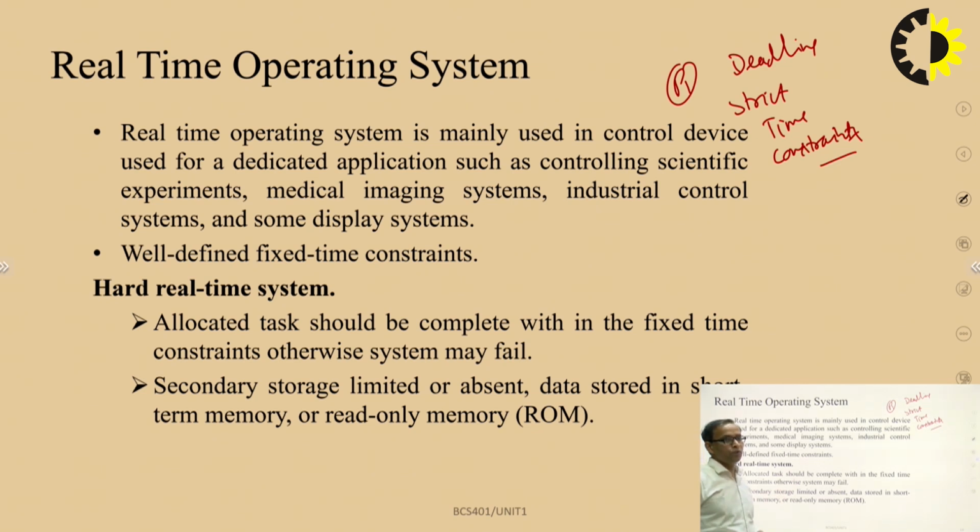Examples where hard real-time systems are used are flight control systems and satellite launching systems. In such applications, every millisecond is significant. If the task doesn't complete within the defined time, the overall system may crash or fail.